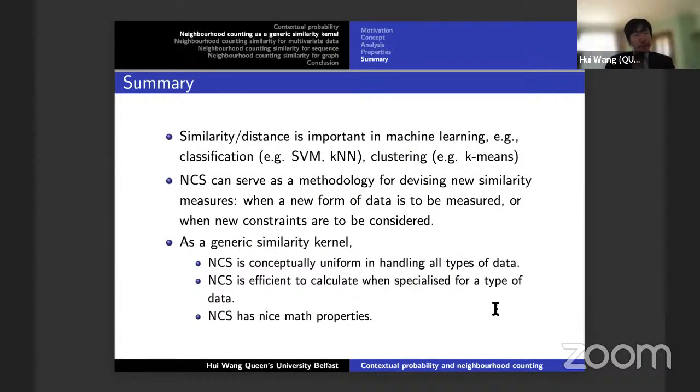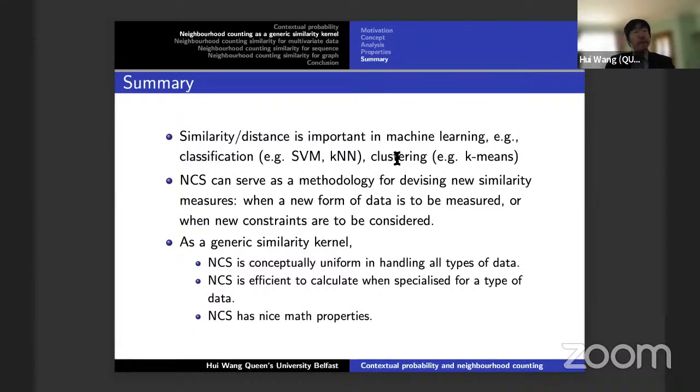Okay, in summary for this part, we know similarity or distance is important in machine learning, and in both classification and clustering, the similarity function plays an important role. We know that for a fact. And the NCS, neighborhood counting similarity, can serve as a methodology for devising new similarity measures.